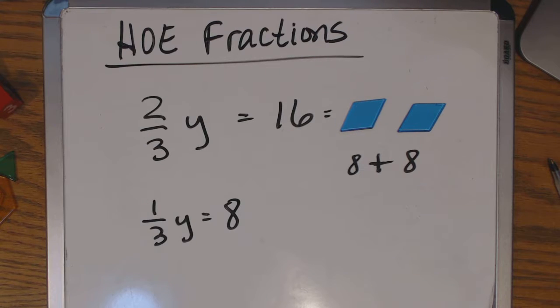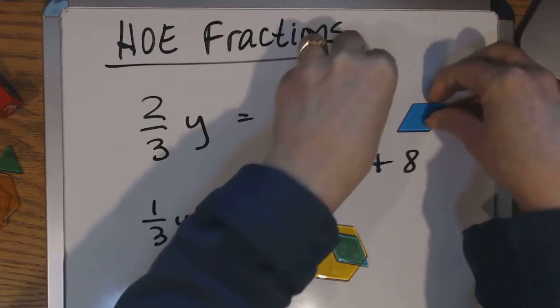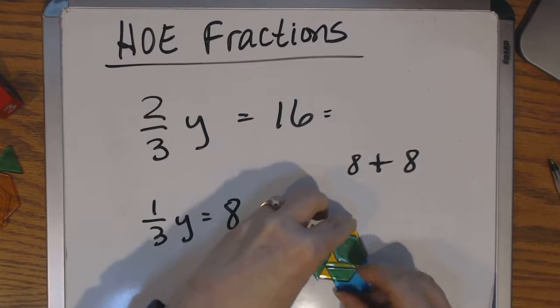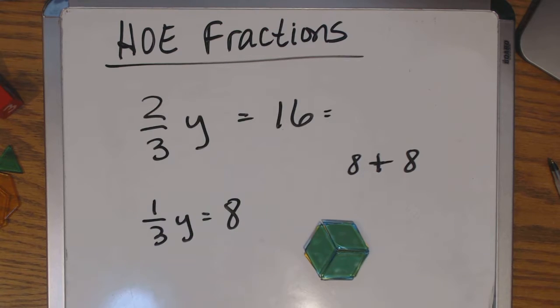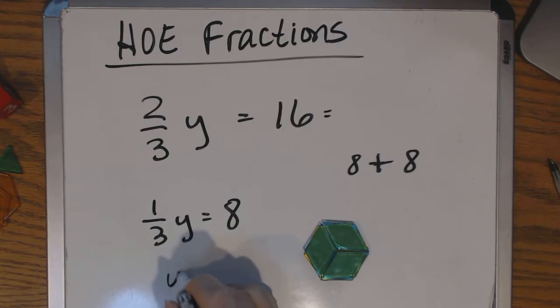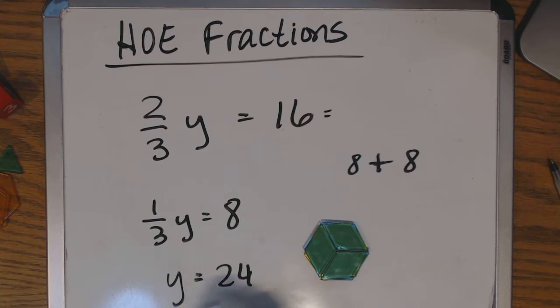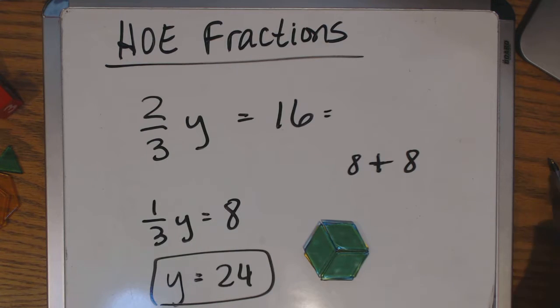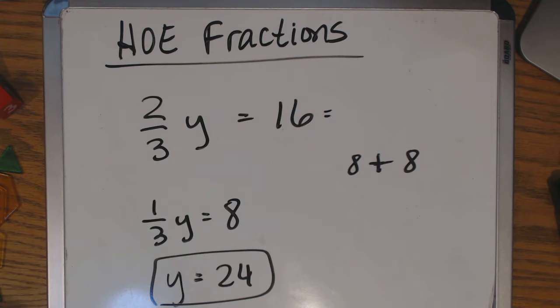And of course, it takes us 3 of these pieces to make y. So a whole y is going to equal 8, 16, 24. Okay, so there's our answer. What we're looking for, the value of the whole y. That's all that lesson 1 asks you to do.